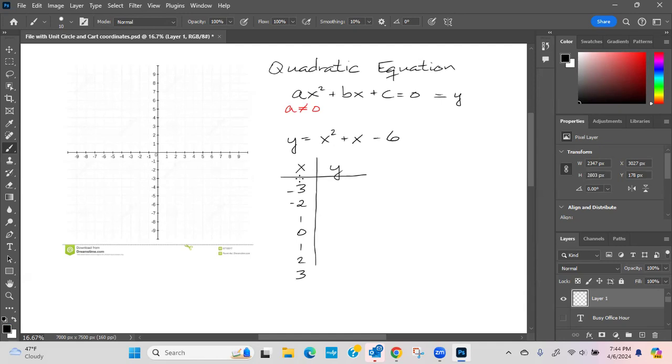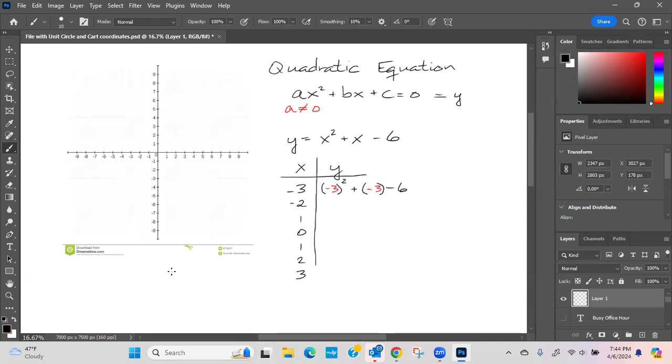And so now we can plug those values in for x. So I'm going to write this with parentheses where the x is, just so that I can then plug in the -3 for this first one. Replace every x with a -3.